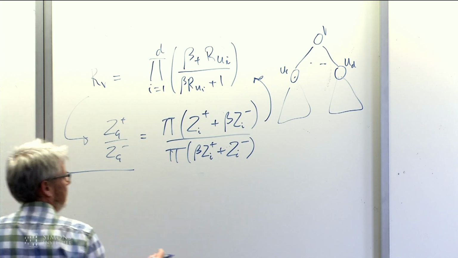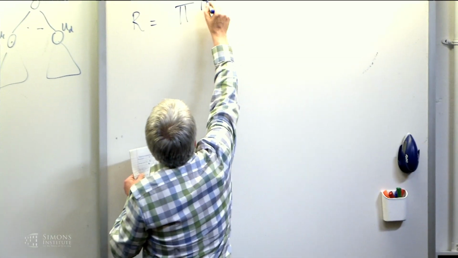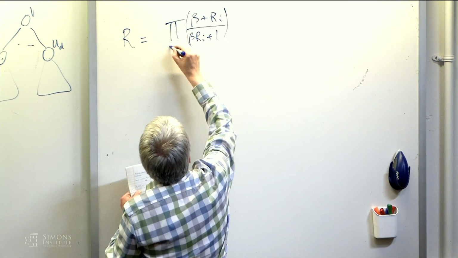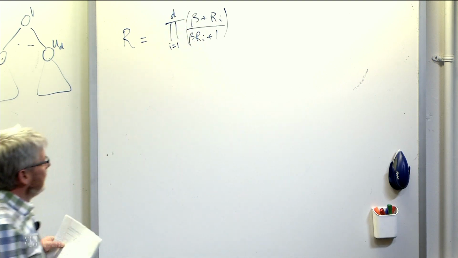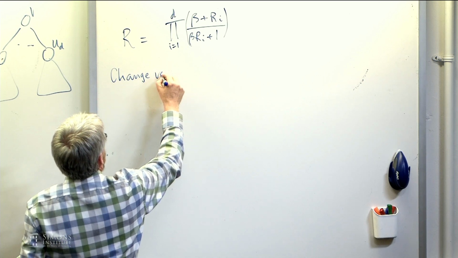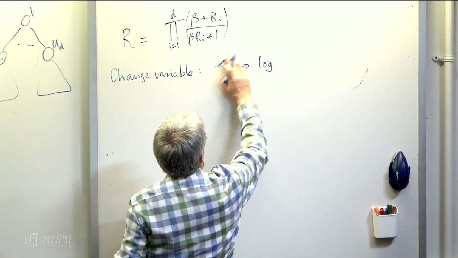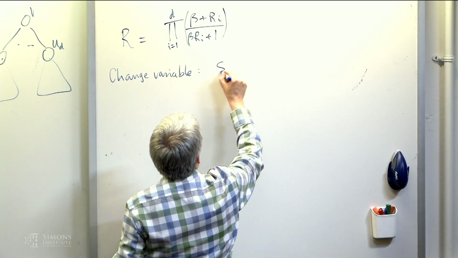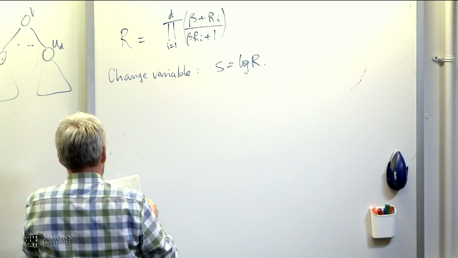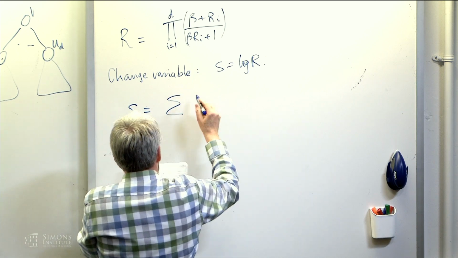So we're analyzing this recurrence. The first thing I want to do is change a variable. I'll write S equal to log R. So now my recurrence becomes, this product turns into a sum.